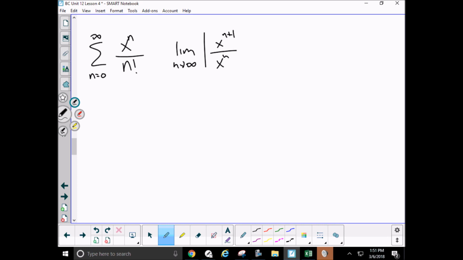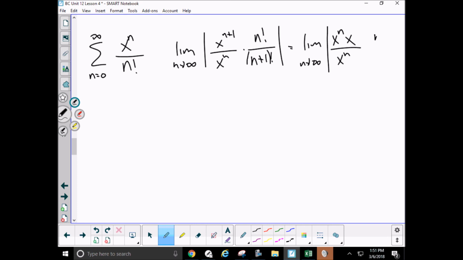Going to go straight to the second step where I have n plus 1 times 1 over a sub n. The n plus 1 would be in the denominator here for the factorial. And then we know this is the limit as n approaches infinity of x to the n times x over x to the n.